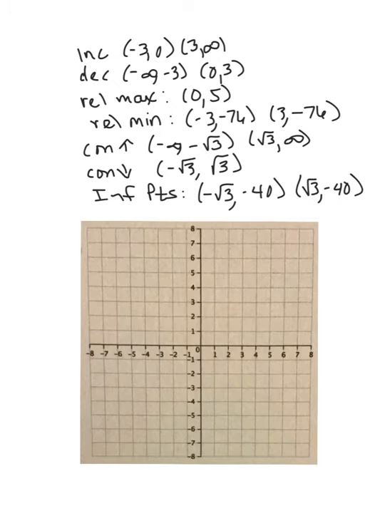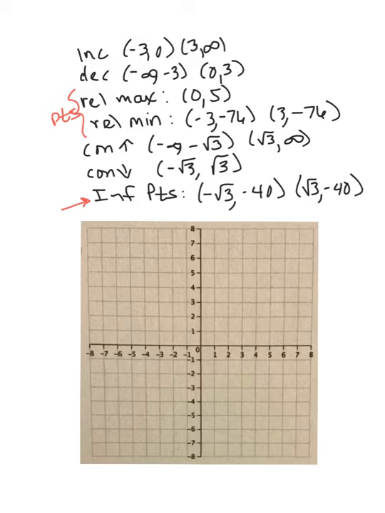On this screen, I have rewritten the summary of all the information that we found previously so that we would have it all in one place and be able to see it while we are doing our graph. One of the things that you need to recognize is that the relative max and relative min are points on the graph, and inflection points are points on the graph as well.